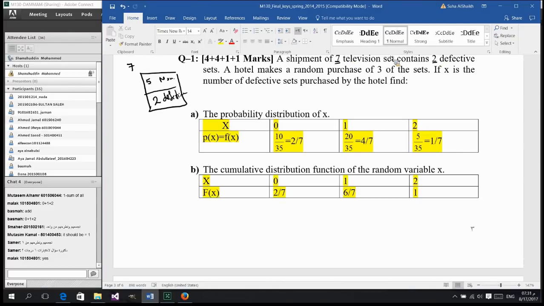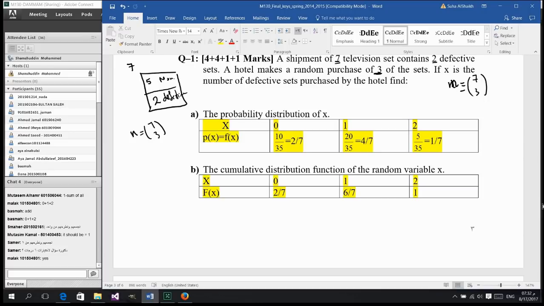Now the hotel is purchasing 3 out of the 7. So my overall size of the experiment N is 7 choose 3. Let me open that again. Okay, it works now.